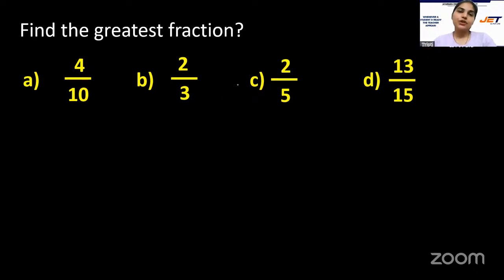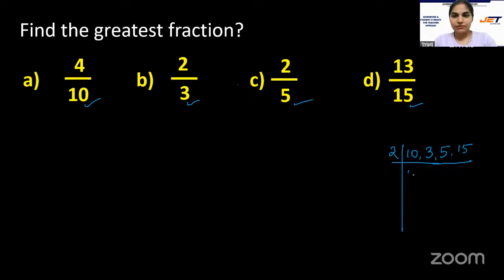Okay. So children, you remember we did LCM, right? We learned about LCM. So there are 4 denominators I can see and all are different: 10, 3, 5, 15. What I will do is find out the LCM. 2 times 5 is 10. 3 like that only. 5 here, 15 here.